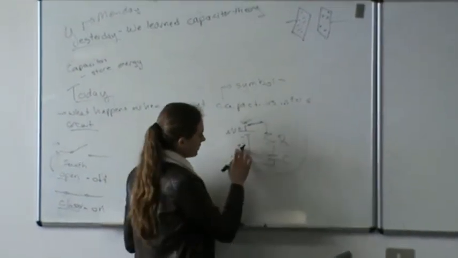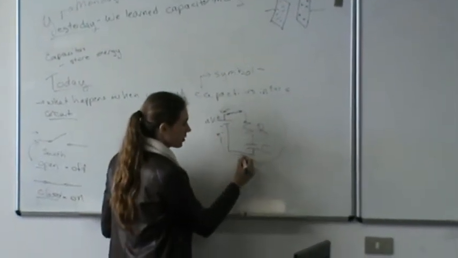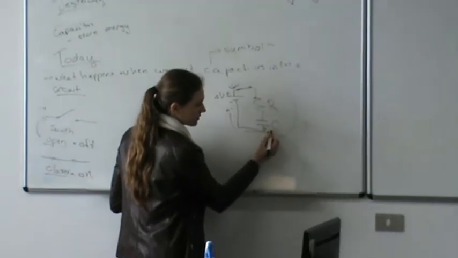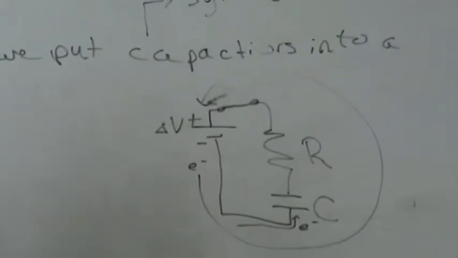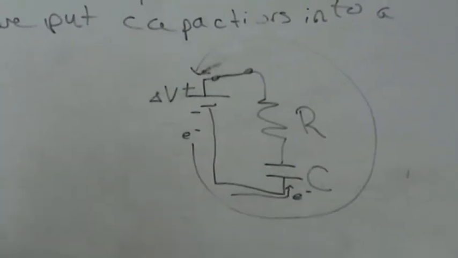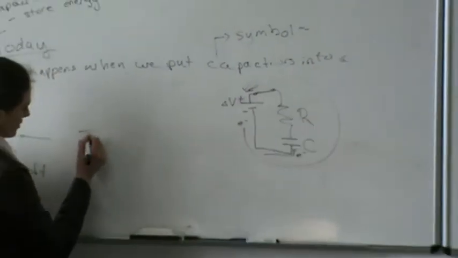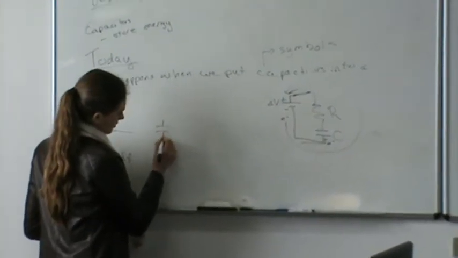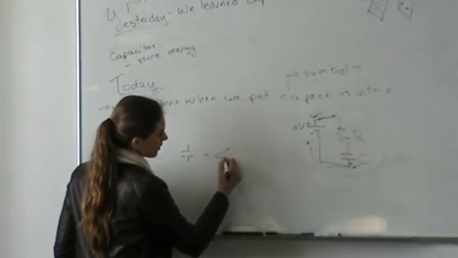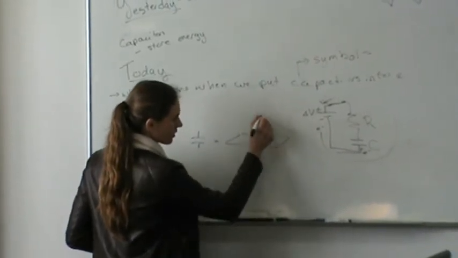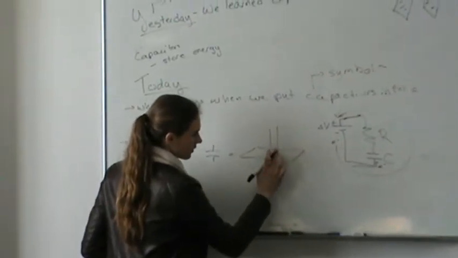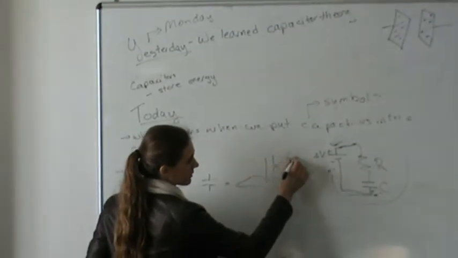So, what happens when the electrons get to the capacitor? Well, initially, this is really a big sheet like this, where this is the wire.